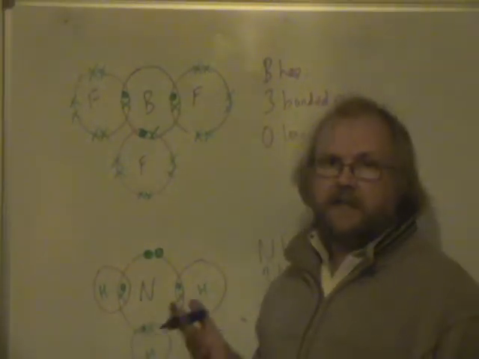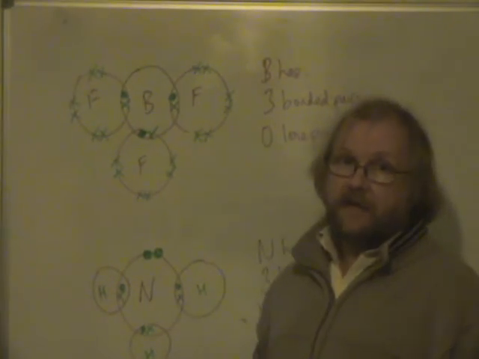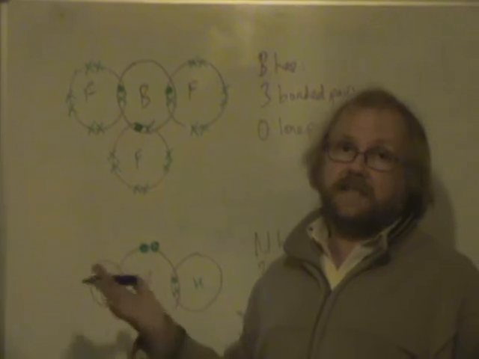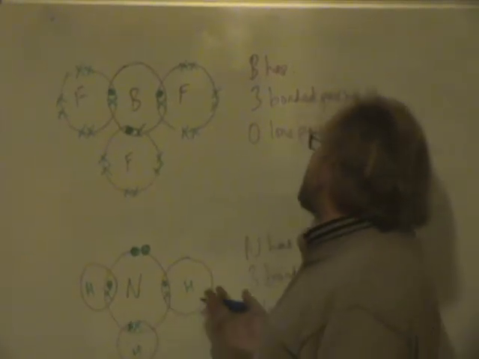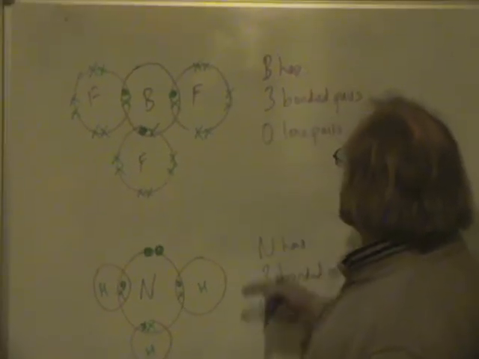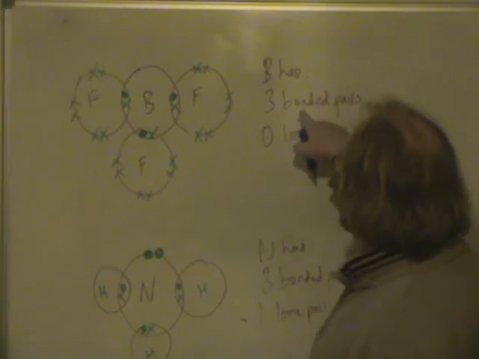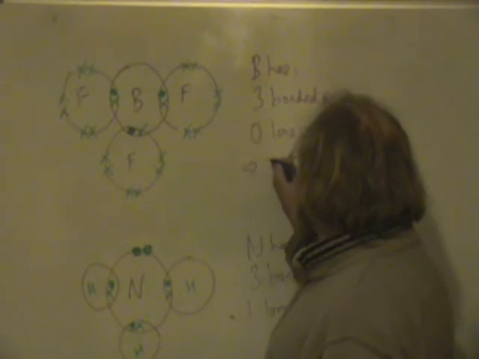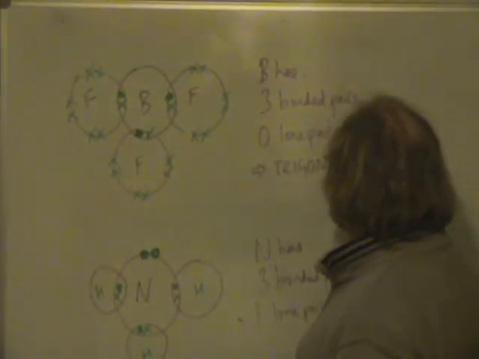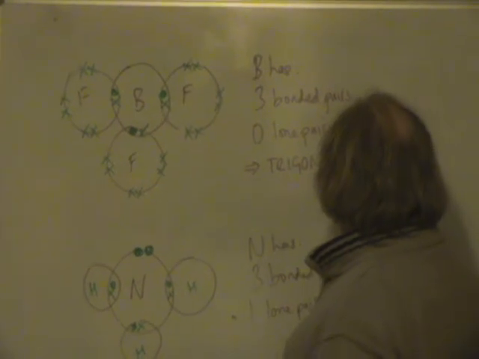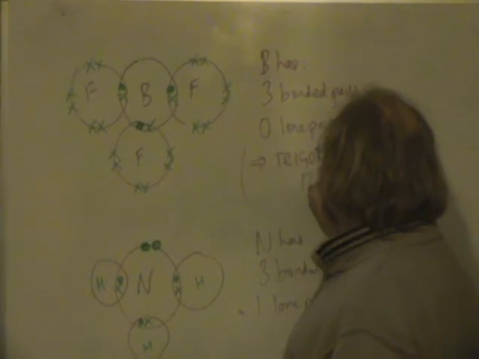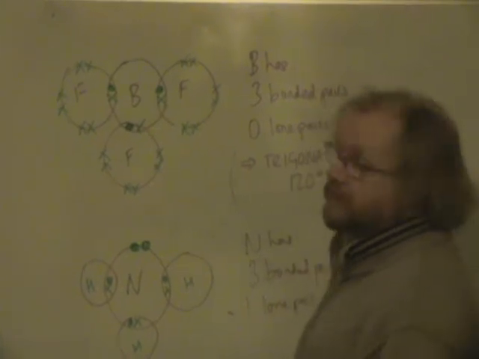Now that would actually be enough to get you the marks here, but what would be good in other questions, at least you would have to do this, is to go further and say, well, what shape do you actually get? So when you have 3 bonded pairs and no lone pairs, the shape is trigonal planar. You didn't have to mention that here, but it's worth reminding yourself of that. That means the shape is trigonal planar, which has a 120 degree bond angle.